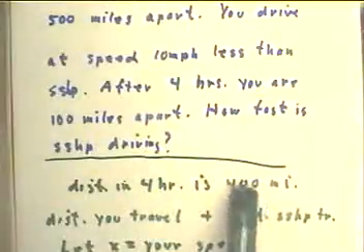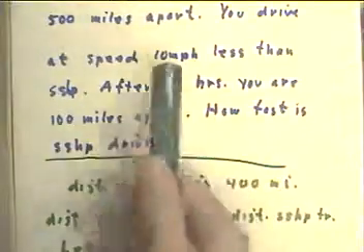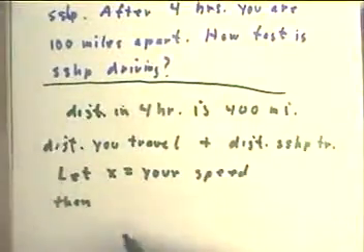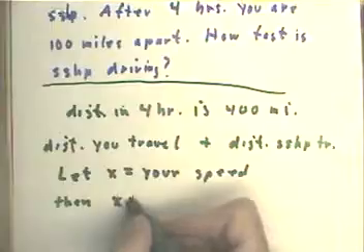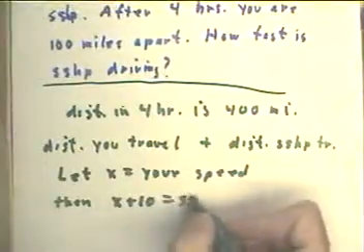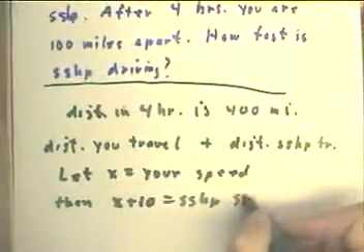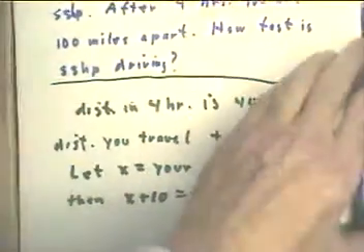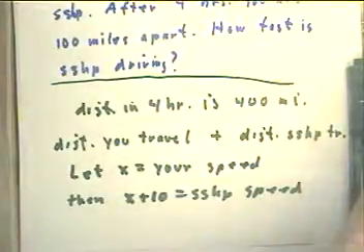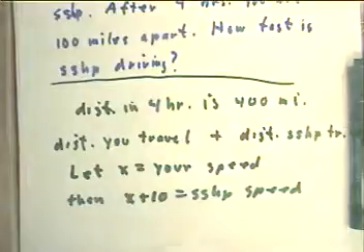If we know that x is your speed, well, since you're going 10 miles an hour less than the other person, the other person is going 10 miles faster. And we have this. Now, how far do you travel in 4 hours? How far does the other person travel in 4 hours?